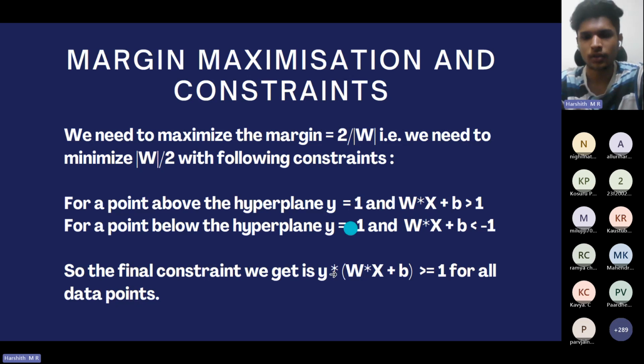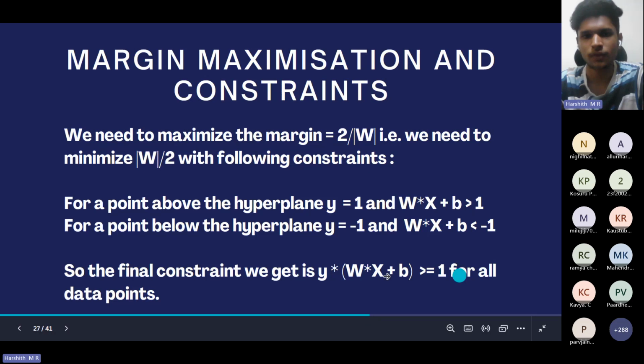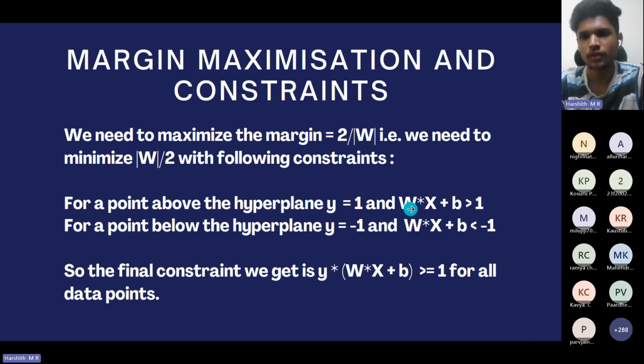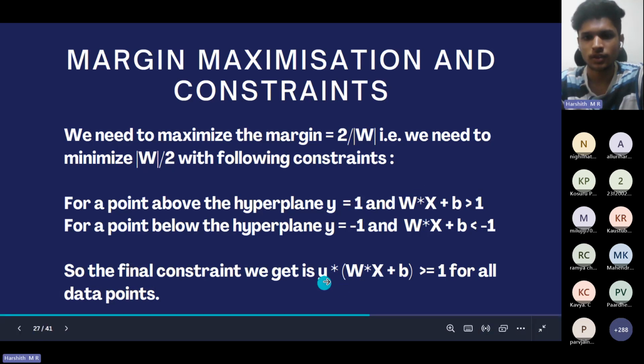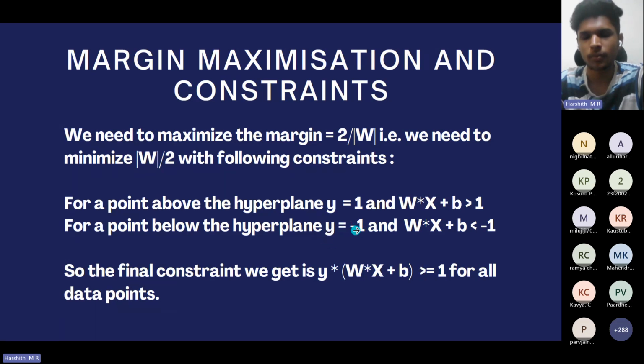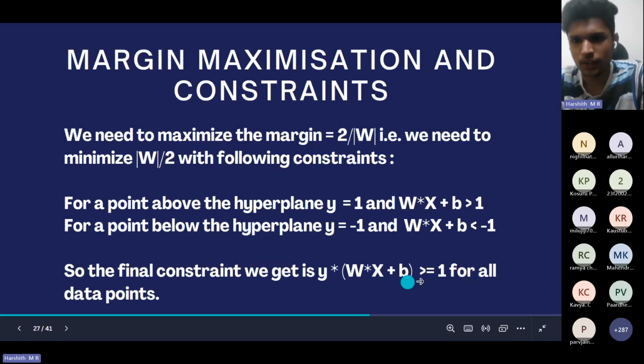So y times (W times X plus B) would be greater than or equal to 1 for all points. Why? Because for any point above H1, W times X plus B would be greater than 1, and since its y value is 1, the product would be greater than 1. For any point below H2, W times X plus B would be less than minus 1, and when you take the product of these two, you'll get a value greater than or equal to 1 for all data points.